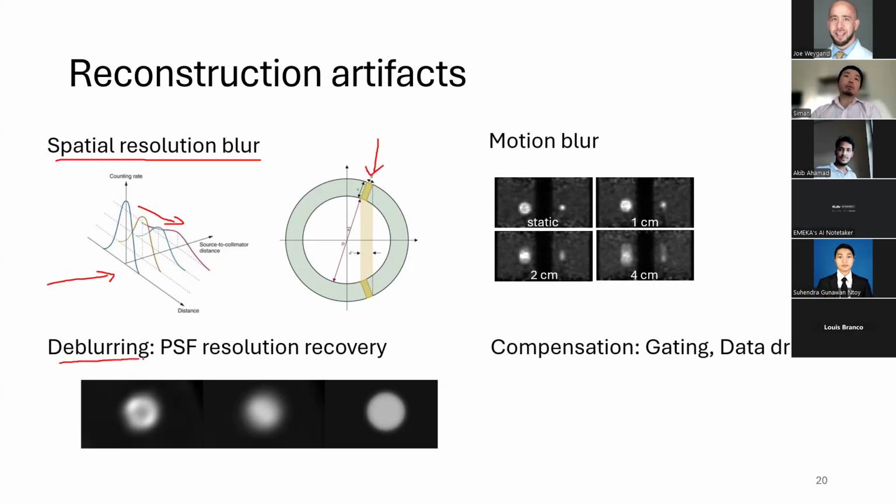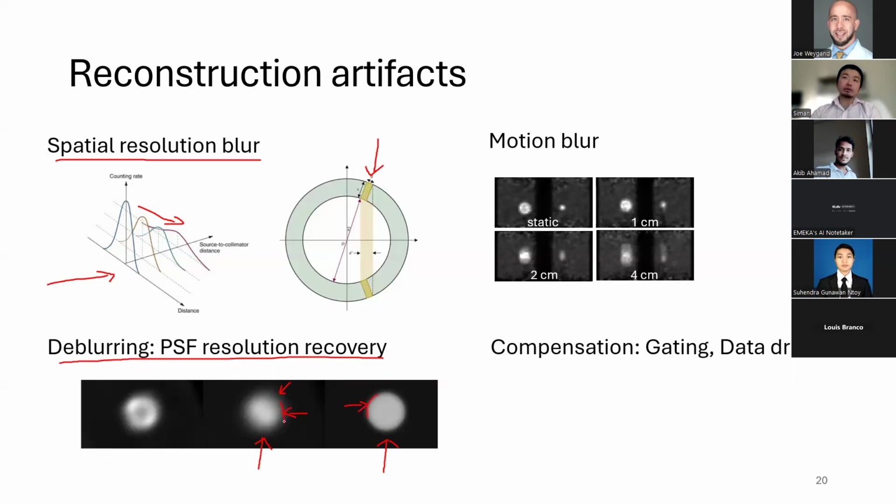You could apply point spread function resolution recovery. The images that you see here, this is the truth, the reference images. When you acquire the images here, you can see the edge is blurred, it looks very fuzzy, versus the edge of the actual object, which is really sharp.